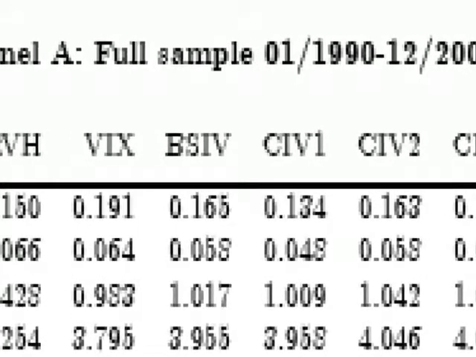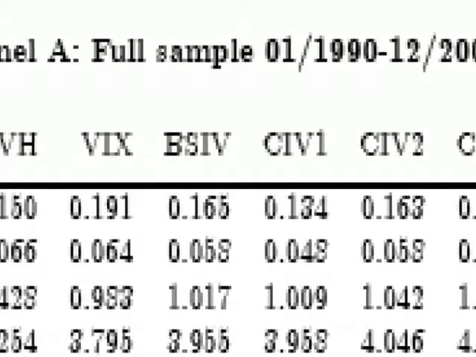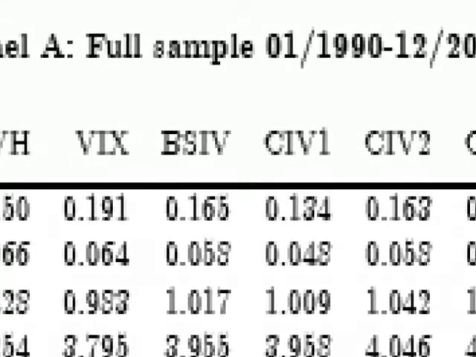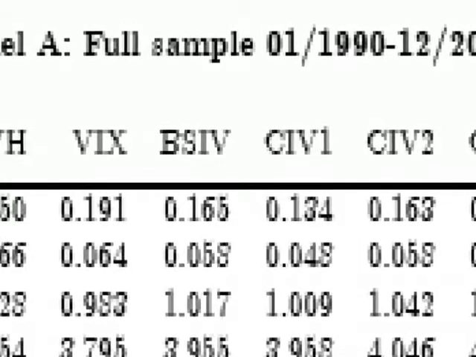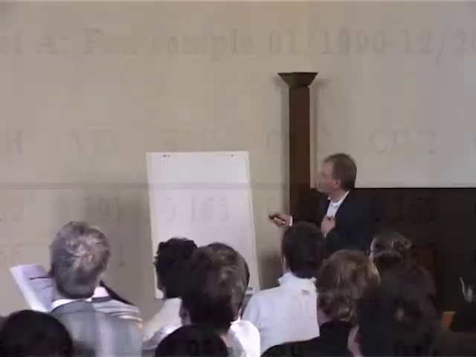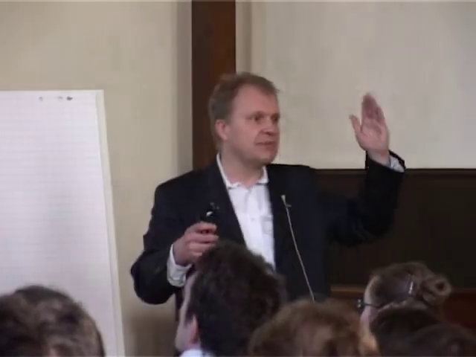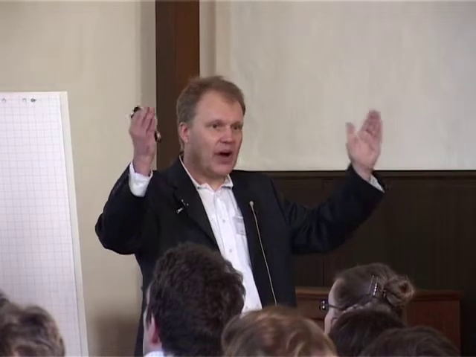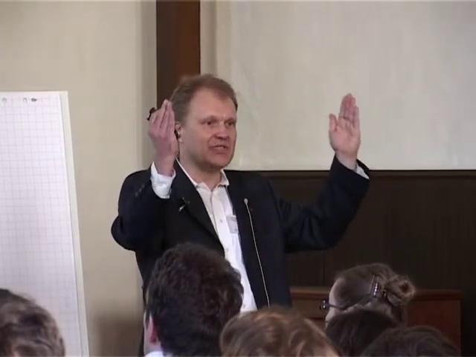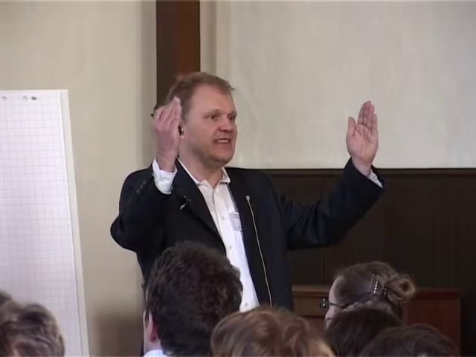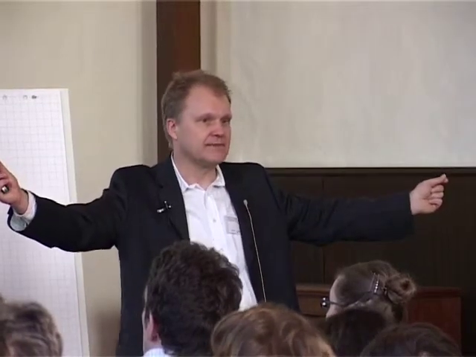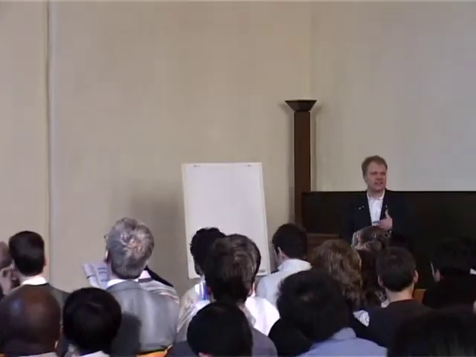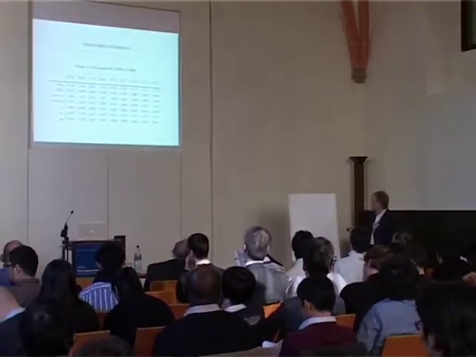The wide corridor here is bigger than the model in the realized, and as you go all the way down, even CIV2, which is 10% and 90%, excludes 10% of the probability mass on one side and 10% on the other, and still the option prices tell us there's more variance within those 80% in the middle than in reality happens over the 100% domain. Okay, so that's how much extra pricing there is of variance in the options relative to the underlying.